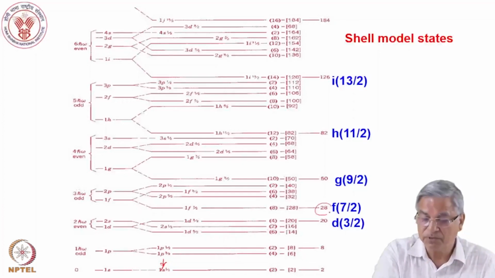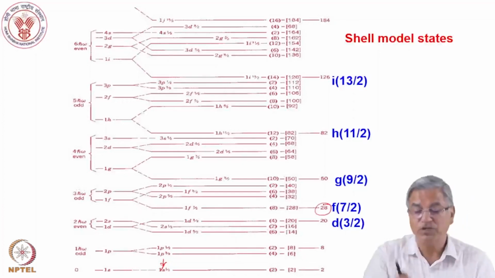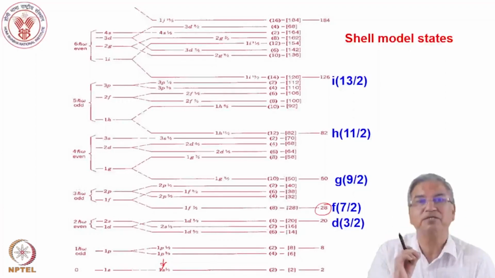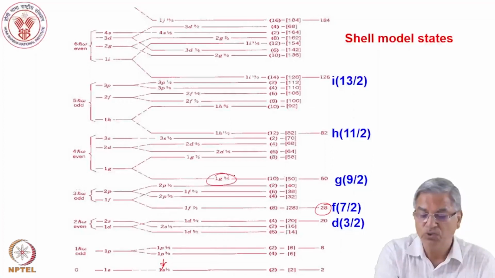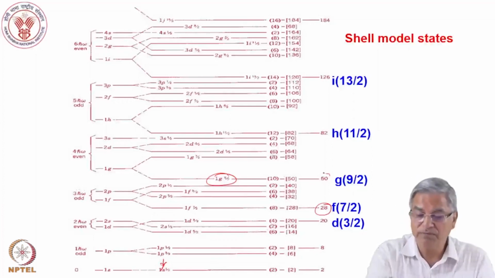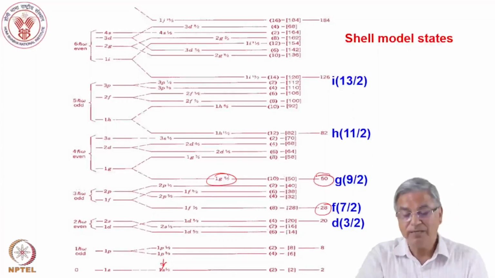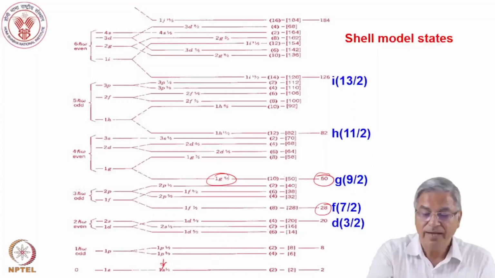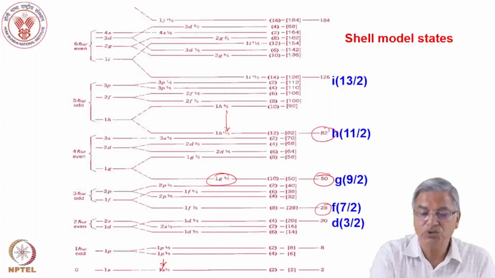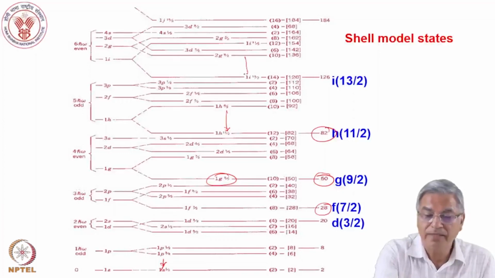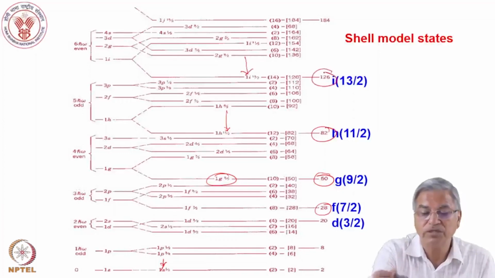In fact, there is something called a semi-magic number of 28, so there is slightly higher stability for 28 protons or neutrons. And because of the lowering of 1G9/2, there are no additional 10 nucleons here, so there is a 50 nucleon shell, a magic number. Again, lowering of the H11/2 gives you 82. Lowering of the I13/2 gives you 126, and so on.